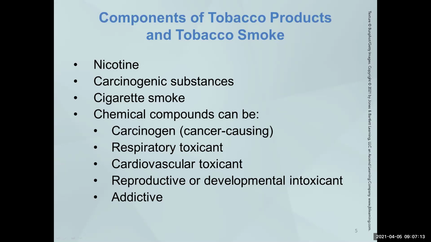Over 90 of the chemical compounds in tobacco products and tobacco smoke are identified by the FDA, Food and Drug Administration, as being unsafe or having an unsafe potential. So they are categorized as carcinogens, respiratory toxins, cardiovascular toxins, reproductive and developmental toxicants, as well as a combination of all of those. It is very addictive.